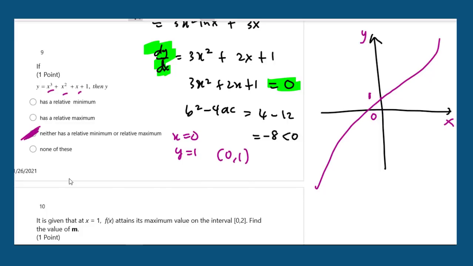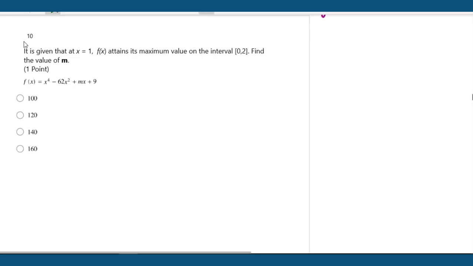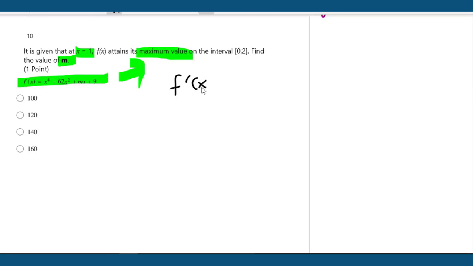Number 10. Given that at x is equal to 1, f(x) attains a maximum value, here is the maximum value in this interval. Find the value of m. Maximum means you need to differentiate this. Find f prime of x for x cubed minus 12x plus m.